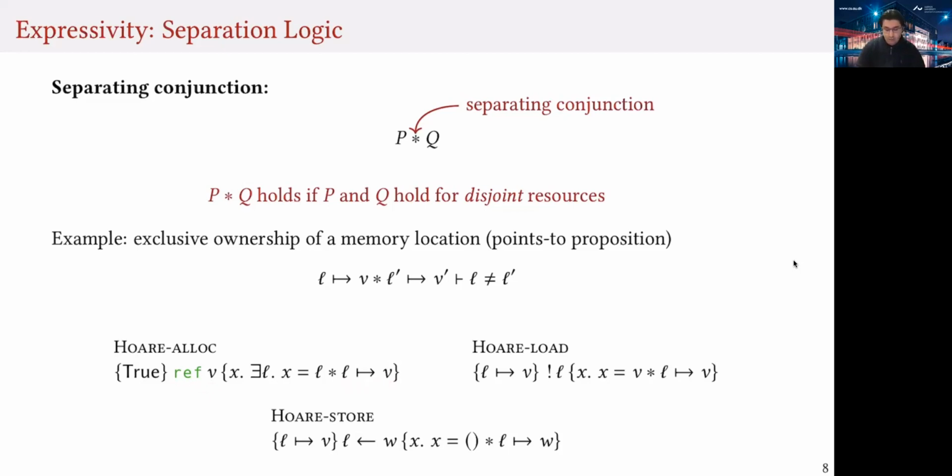And when we want to read a memory location, we should have the ownership, we should have the permission, so to speak, to read that location. And the value that we get is exactly what we expect, and we still have afterwards the ownership of the location. And also, if we own the location, we can write to it, and the resources are updated to reflect how we have updated the memory.